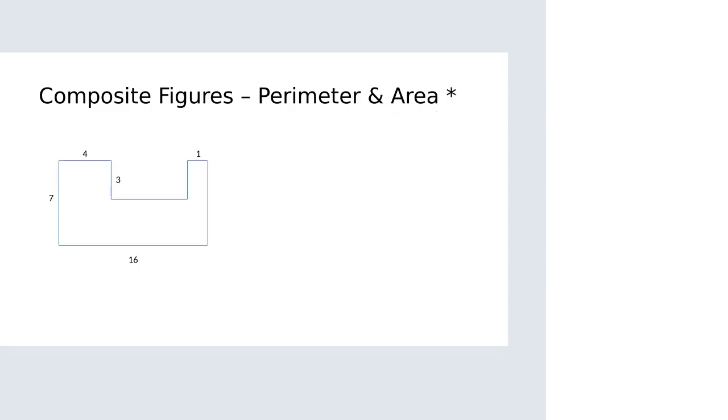All right, here you go. This is kind of a U shape. What I want you to do is find the perimeter and the area of that figure. I'll set up a poll for it and I'll let you try it.